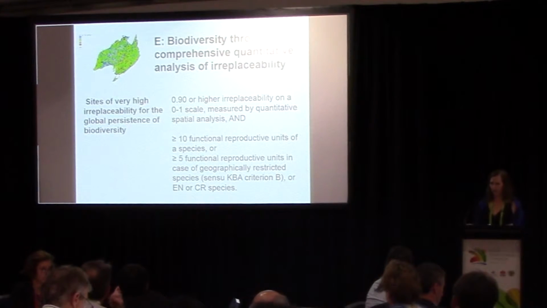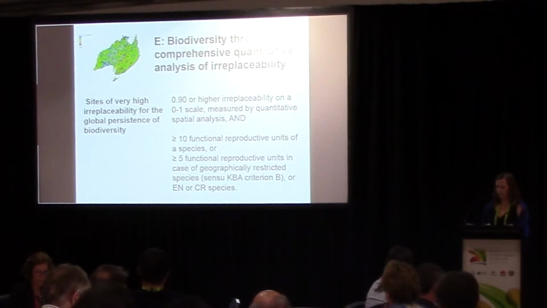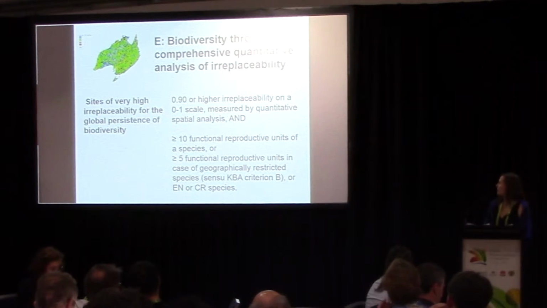And then finally, criterion E provides a comprehensively quantitative equivalent to the other KBA criteria for identifying sites of high significance for global persistence of biodiversity.